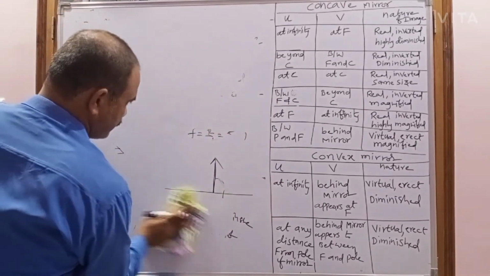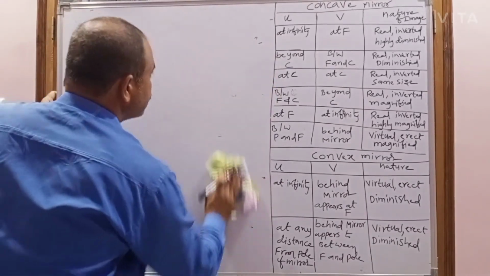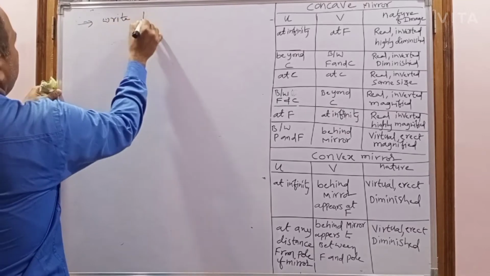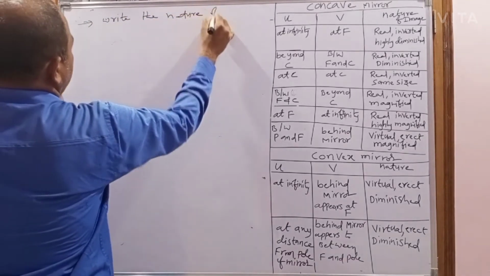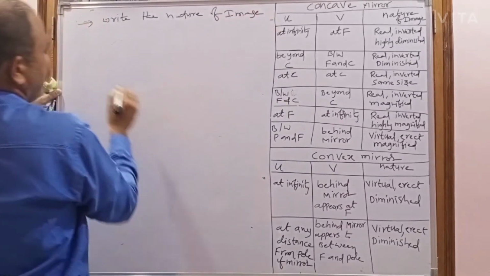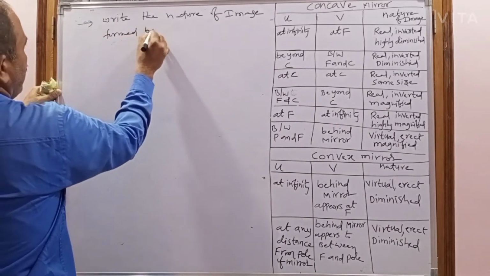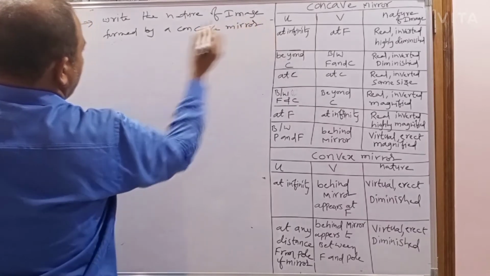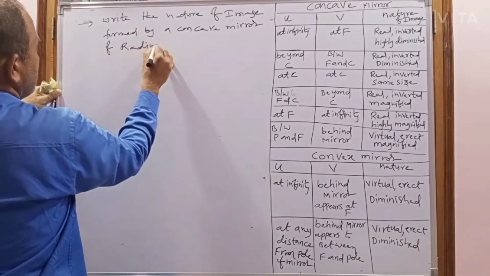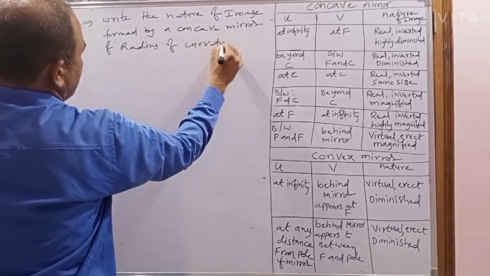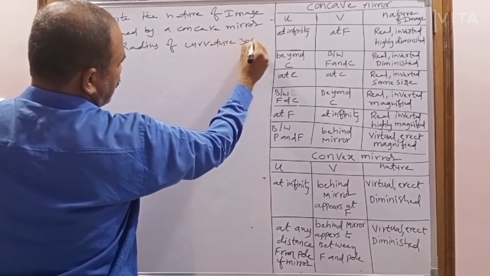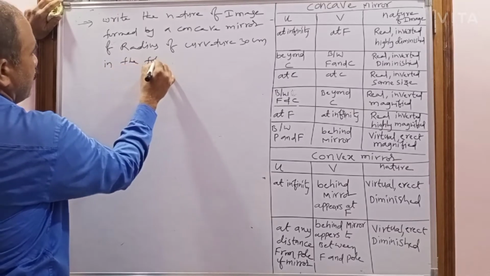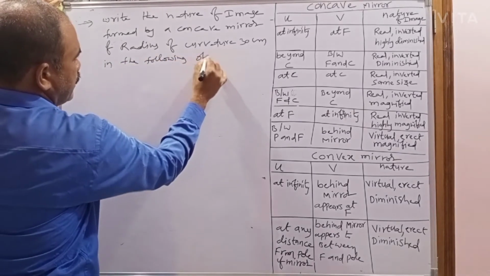Okay, example for the student. Write the nature of the image formed by a concave mirror of radius of curvature 30 centimeter in the following object distances.